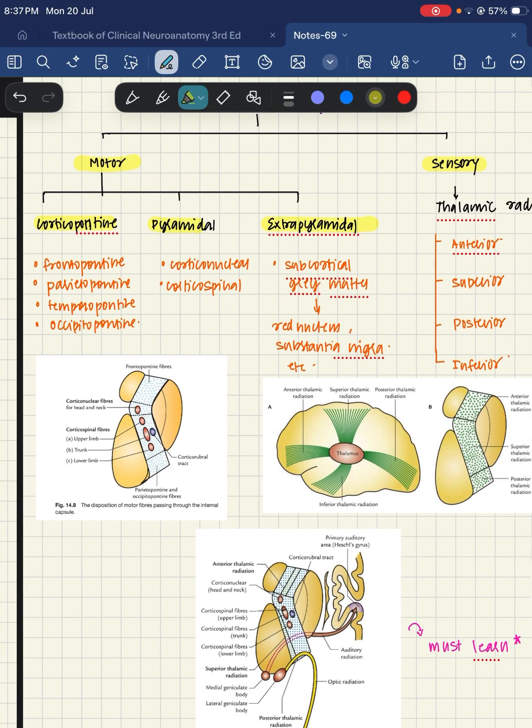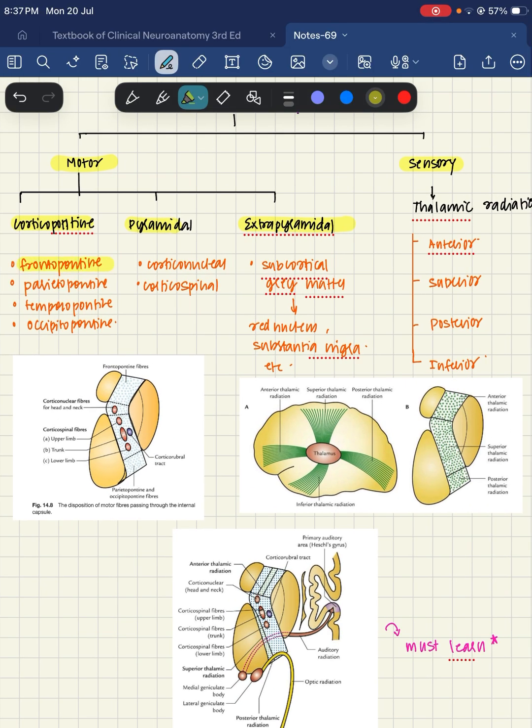The first part, the frontopontine, is the single largest group of fibers in this corticopontine; mainly two-thirds of the fibers are just frontopontine itself. Then the others are parietopontine, temporopontine, occipitopontine, etc.